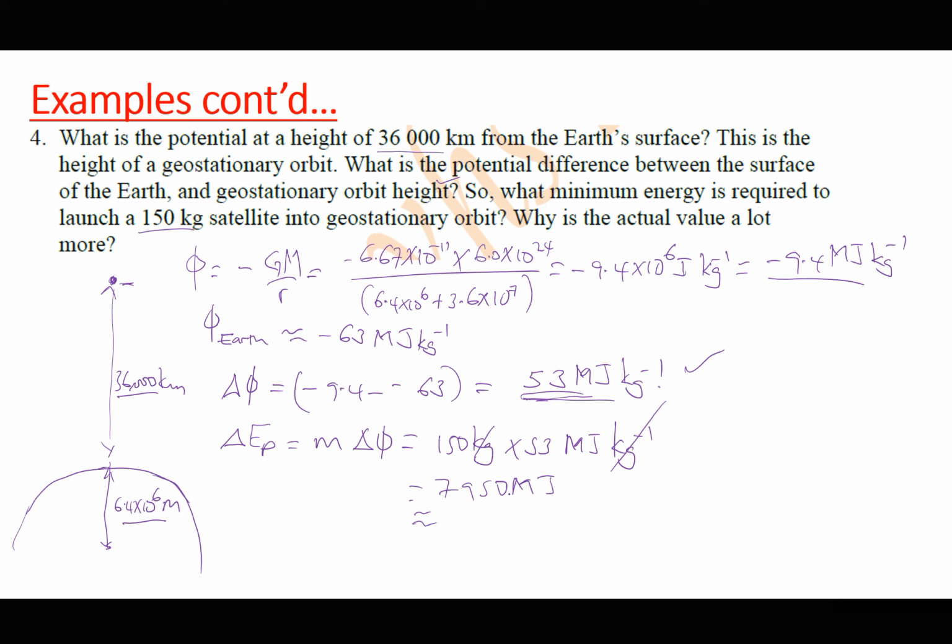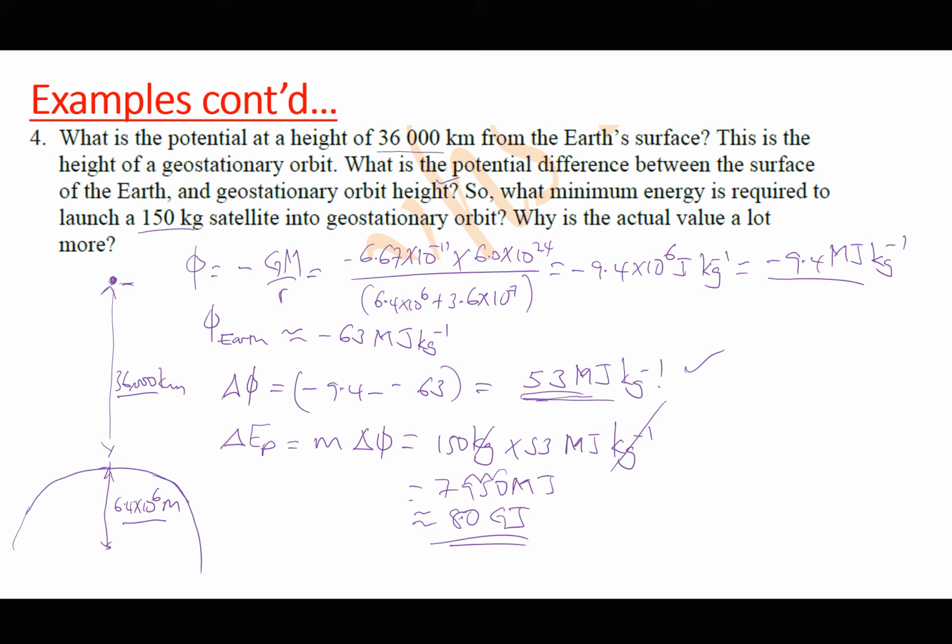Or I will round this off to 2 significant figures, that is 8.0 gigajoules. So it means I will require that amount of energy to launch the satellite from the Earth's surface to that geostationary orbit.